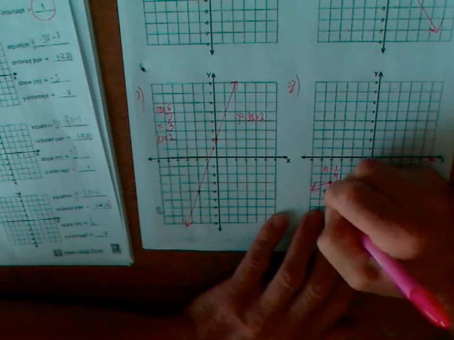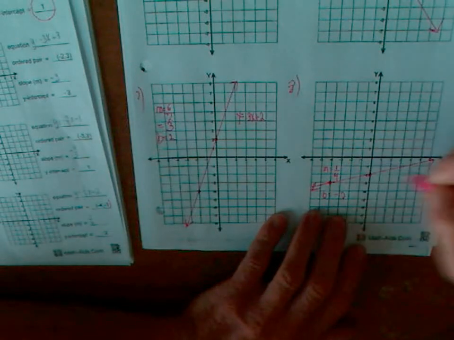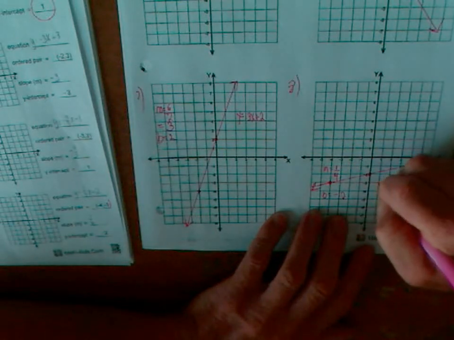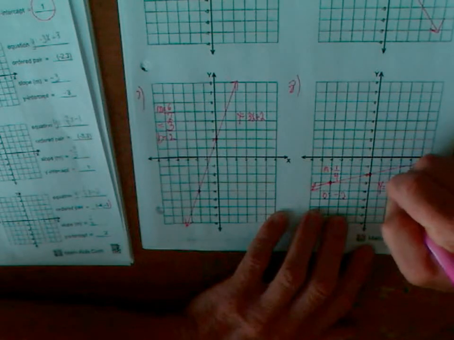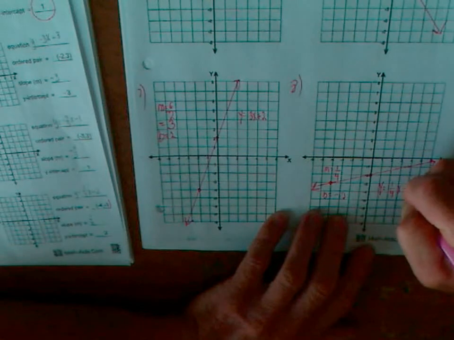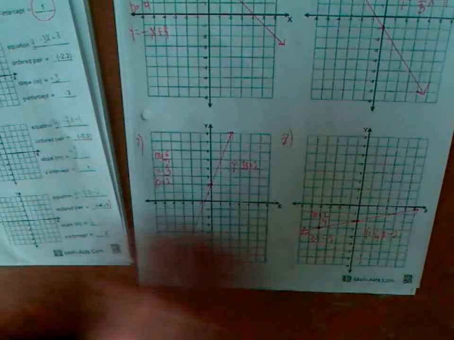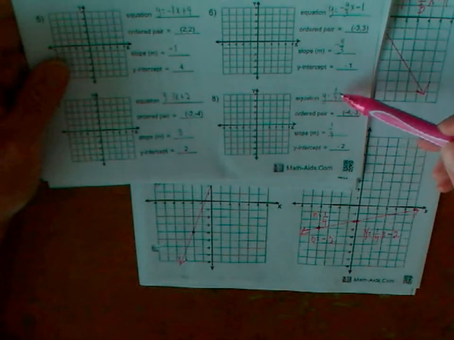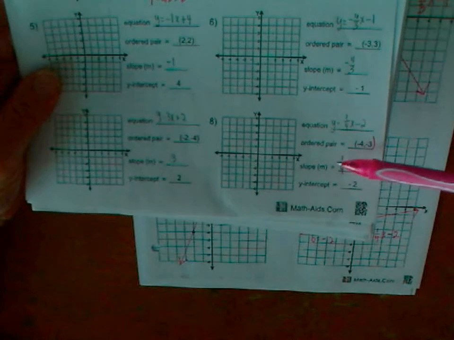And -2 is the b. So our equation is y equals 1/4 x minus 2. That ain't nothing but a thing. Y equals 1/4 x minus 2, and our slope is 1/4.